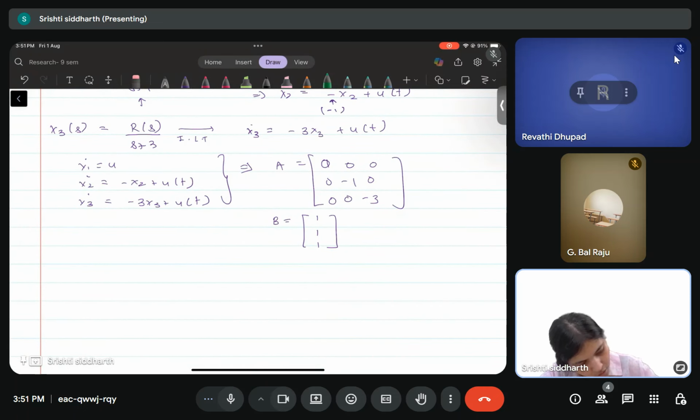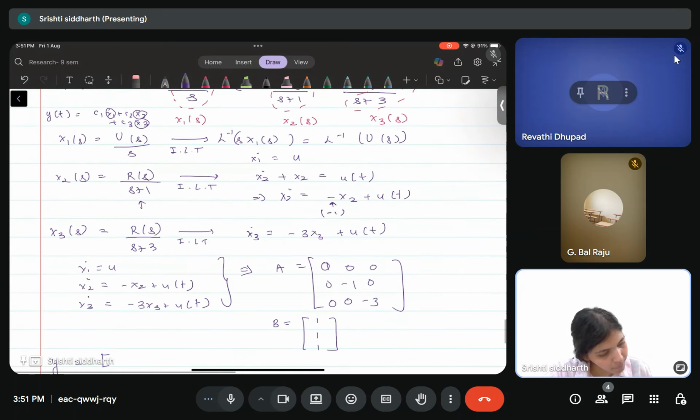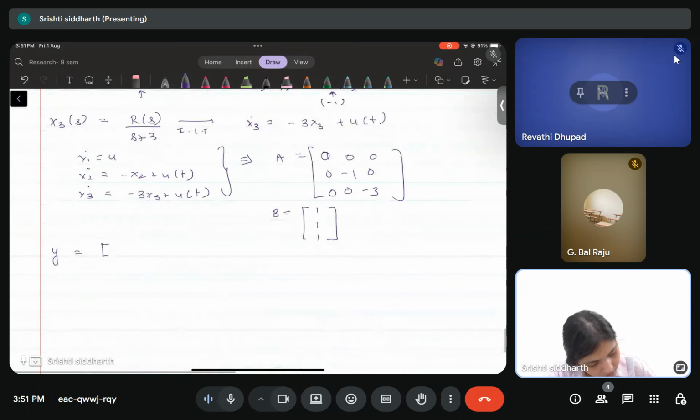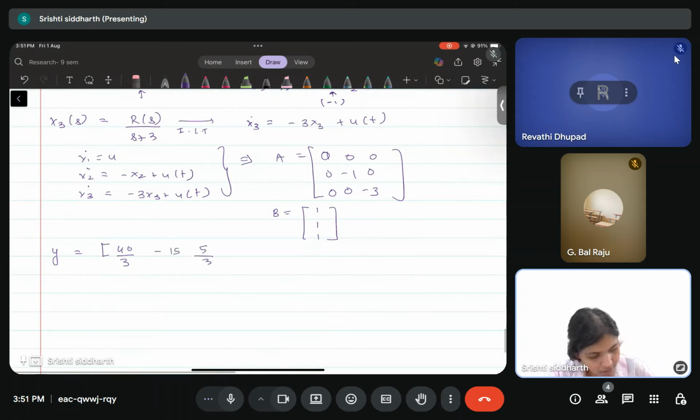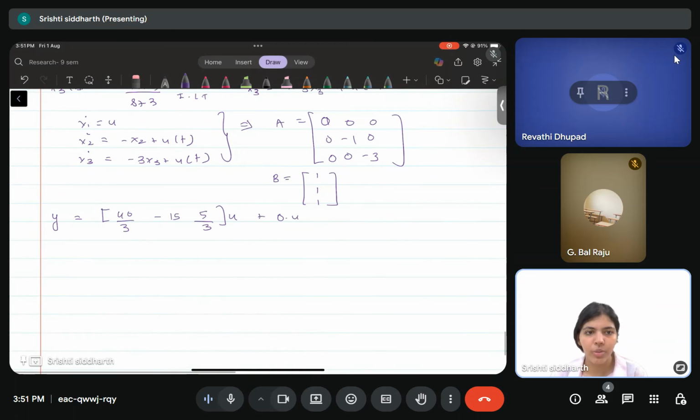All right. So you already know what y is. That is 40 over 3 minus 50 over 3, plus u because it's a strictly proper transfer function. Alright, so I hope this was clear to you.